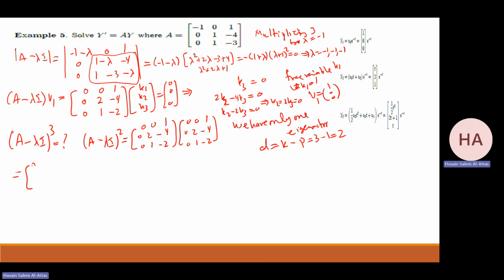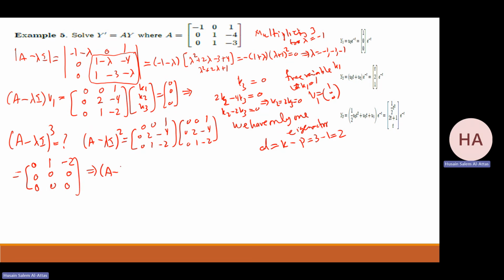This times this, that will be 0. This times this, that will be 1. This times this, that will be minus 2. Okay. This times the first column, 0. 4 minus 4, that will be 0. 0 minus 8 plus 8, that will be 0. Then the third row, that will be 0. 2 minus 2, 0. Minus 4 plus 4, 0.